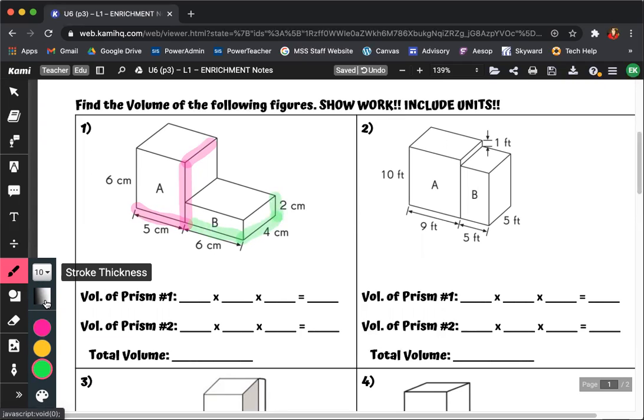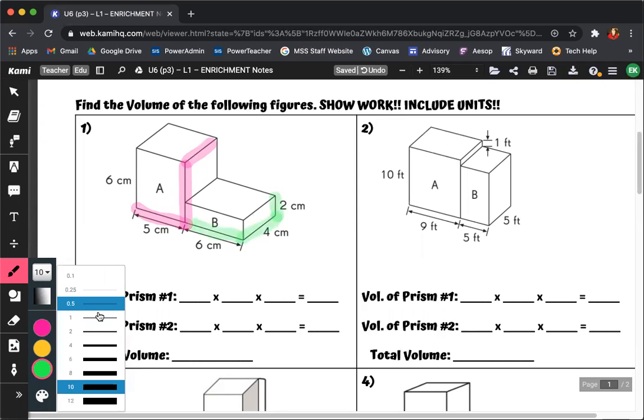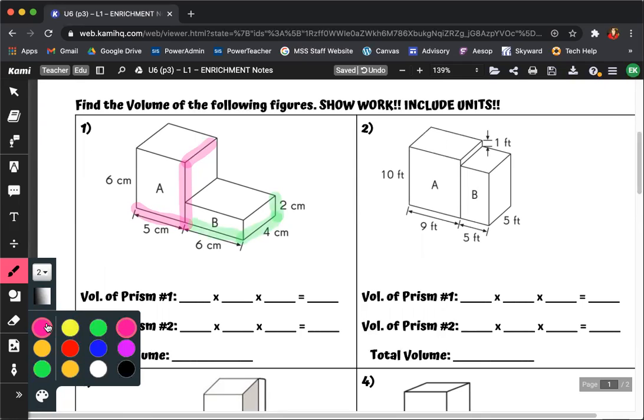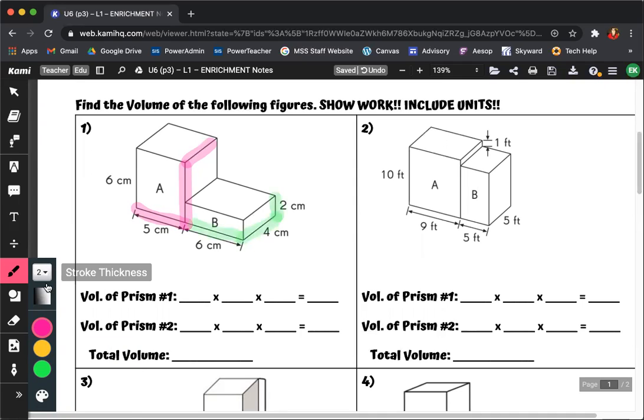So let's look at number 1, our shape A first. When we're looking at this, our base is easy to spot. We have a base of 5. This height right here, there's no measure on the right side, so I'm going to look on the left side, and I see a height of 6.